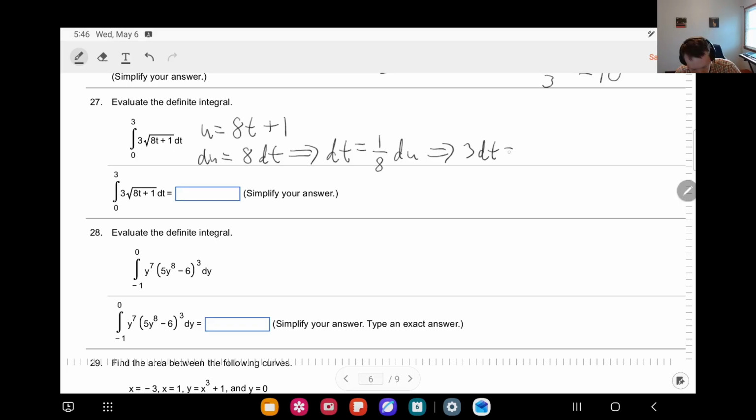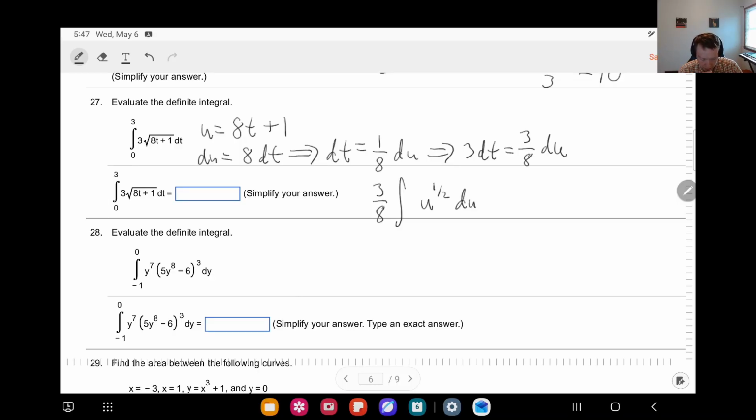So 3 dt is 3/8 du. All right, I'm a little skeptical this looks like it's going to be weird. I haven't done this beforehand, so see how it goes. All right, so 3 dt gets replaced by 3/8 du. So we've got 3/8 integral square root of u, or u to the 1/2, du.